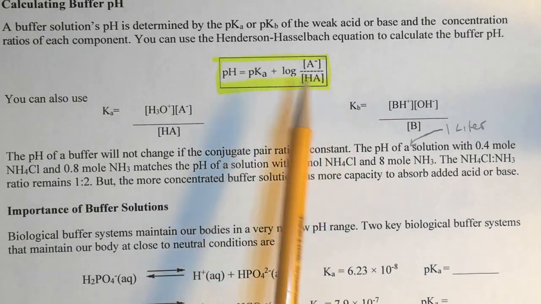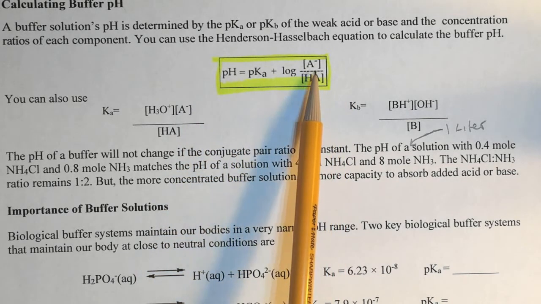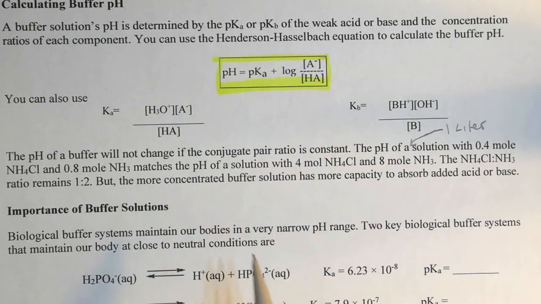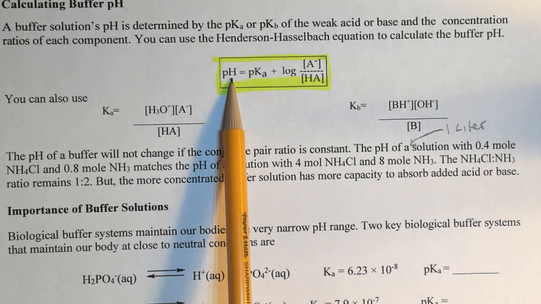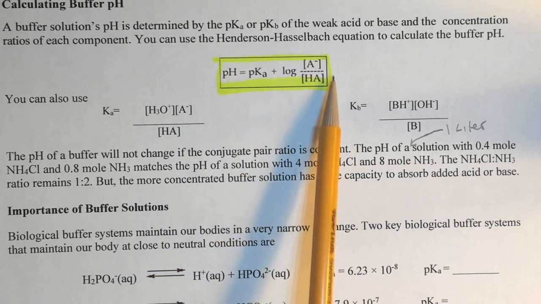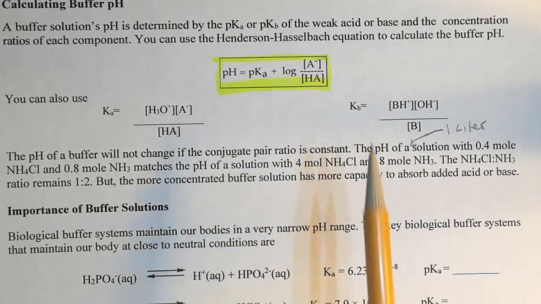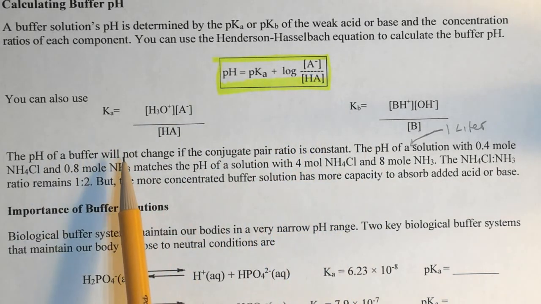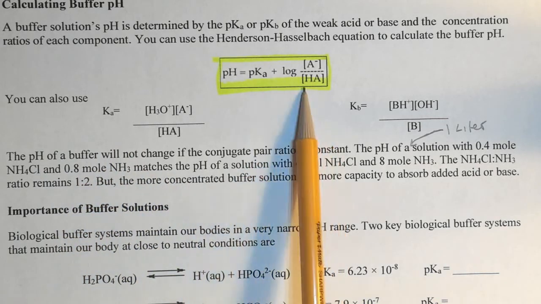Notice that what controls the pH is the value of pKa and the ratio of A- to HA. So as long as this ratio remains constant, your pH is going to remain constant. This means that you can dilute a solution and the pH remains unchanged because the ratios remain unchanged. So, the pH of a buffer will not change if the conjugate pair ratio is constant.